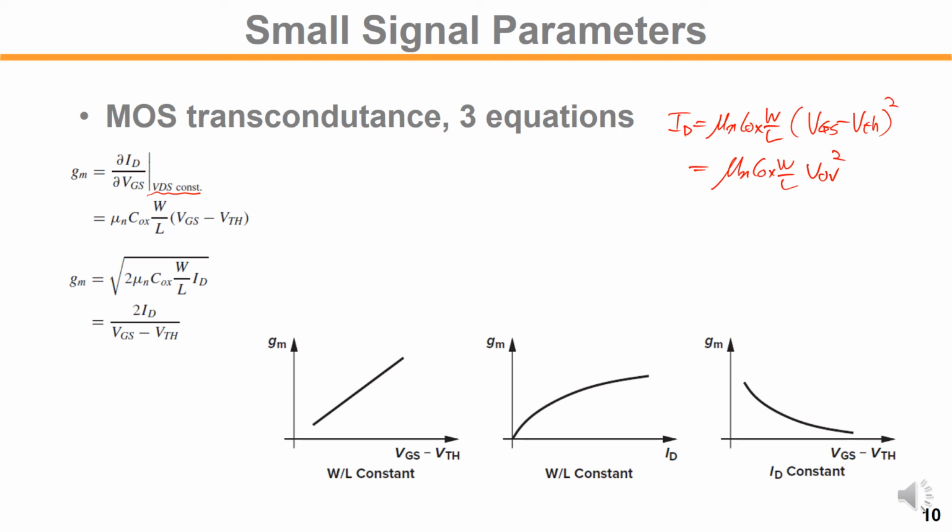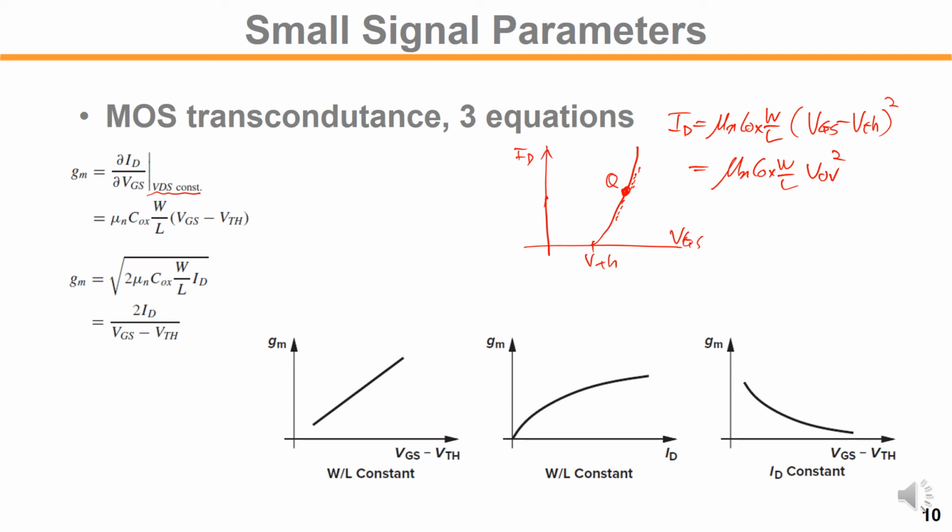If you think of the ID versus the VGS relationship as an ideal case like this, at one operating point, this is pretty non-linear, so you can linearize the slope.